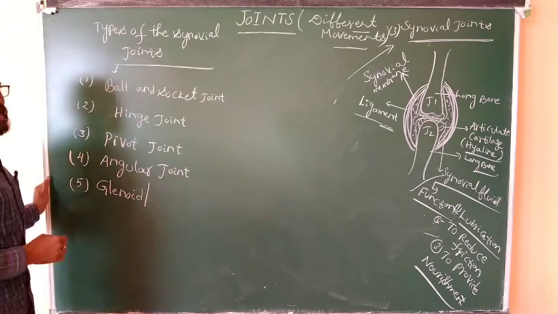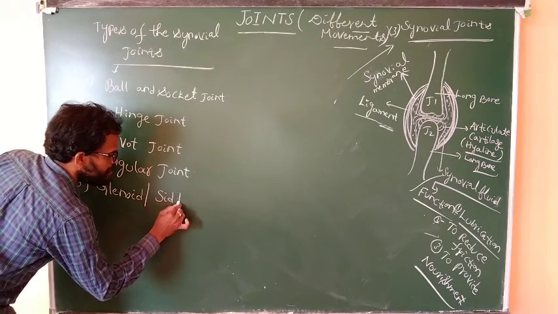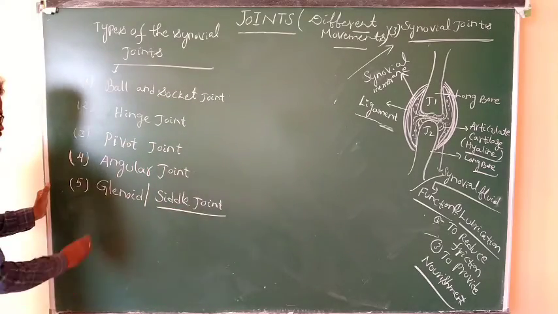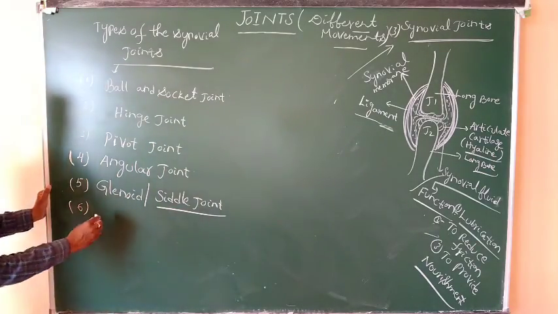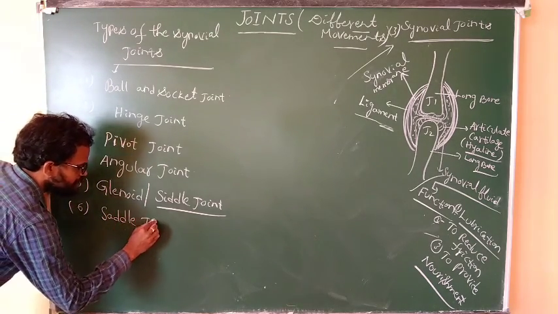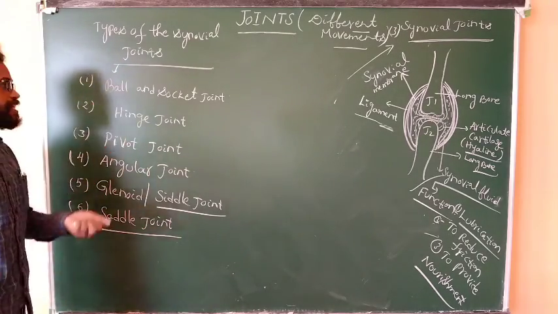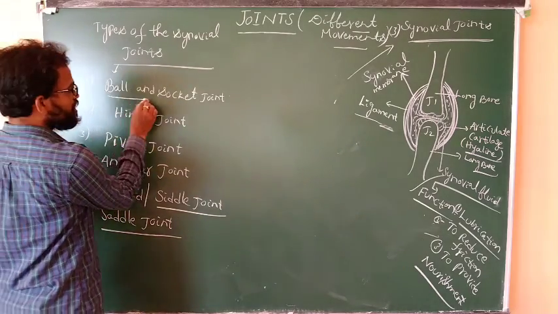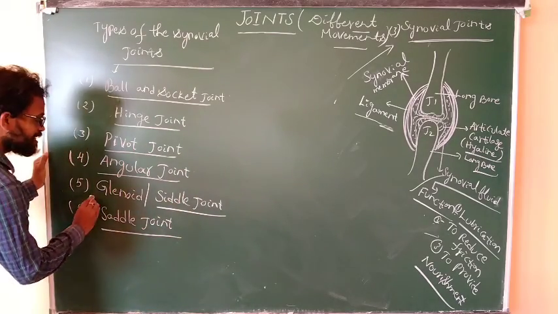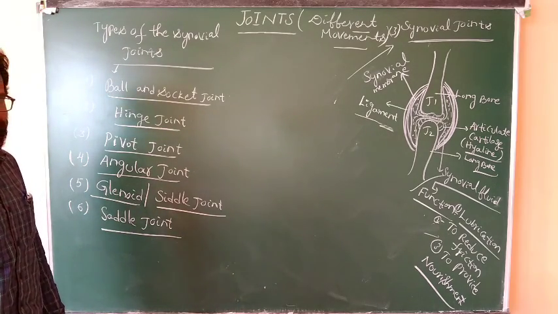The glenoid joint is nothing but the saddle joint. What is the first joint? Ball and socket joint. Next one, hinge joint. The next example, pivot joint. The next example, angular joint. The next example, glenoid joint. The next example, saddle joint.